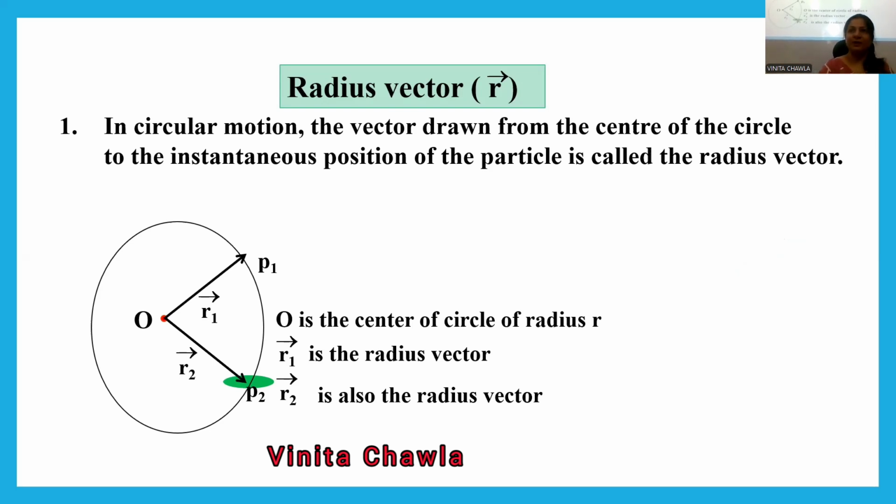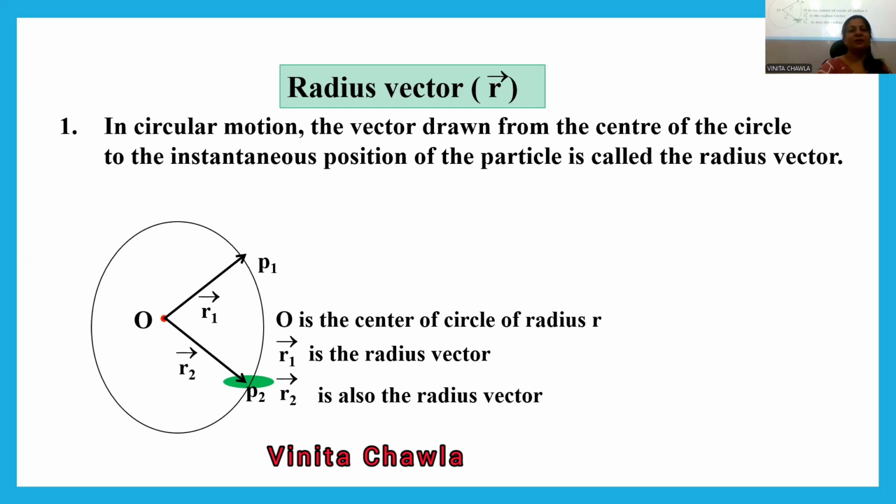The locus of all the points which are at a fixed distance from a fixed point is called a circle, right? So all the points are at a fixed distance, meaning radius, from a fixed point. The fixed point is the center of the circle, and the fixed distance is the radius of the circle, right?